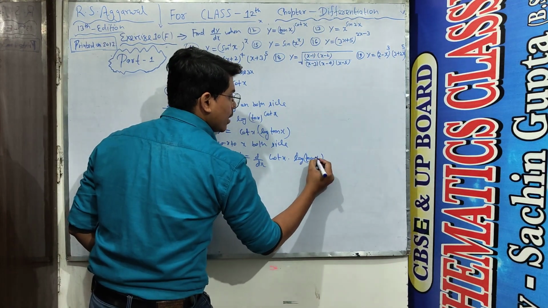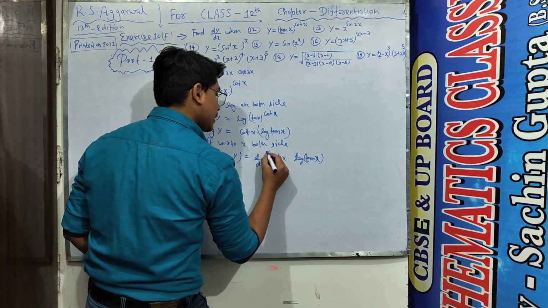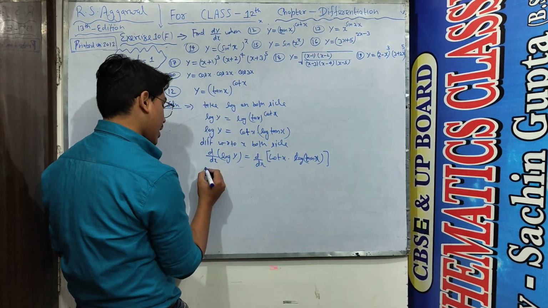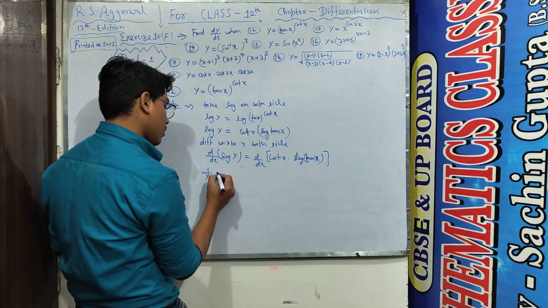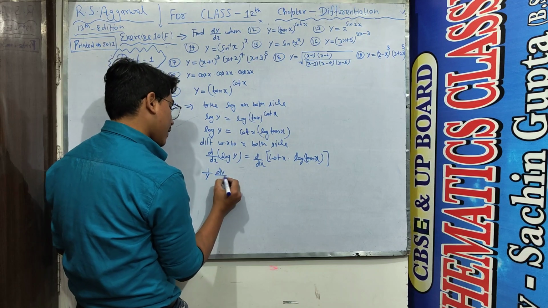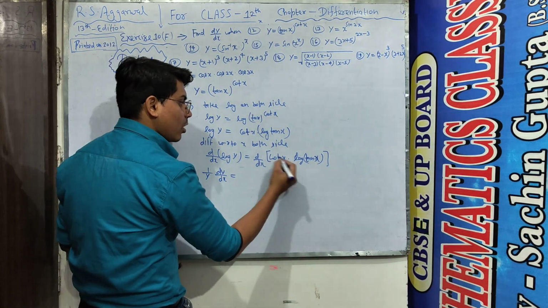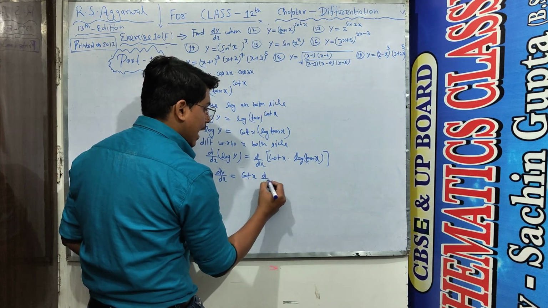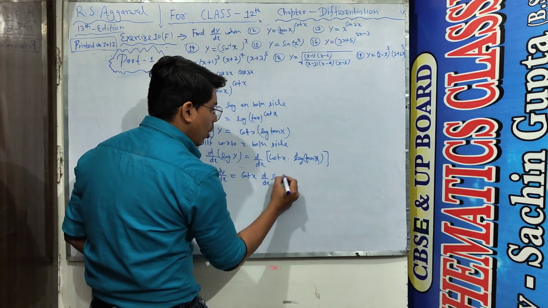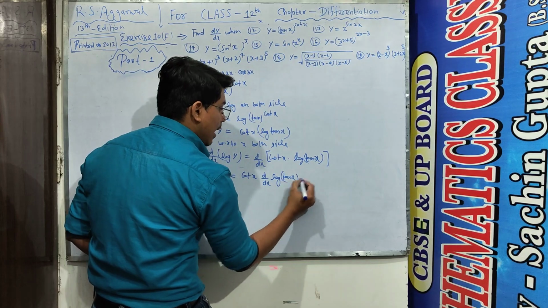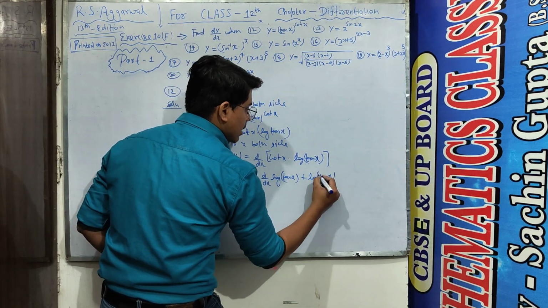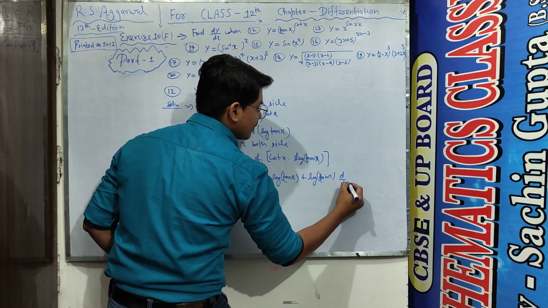Here, cot x is our first function and log of tan x is the second function, and the differential of log y is 1 upon y dy by dx. Here we apply the first-second rule, then I write cot x and the differential of log of tan x, plus log tan x and the differential of cot x.